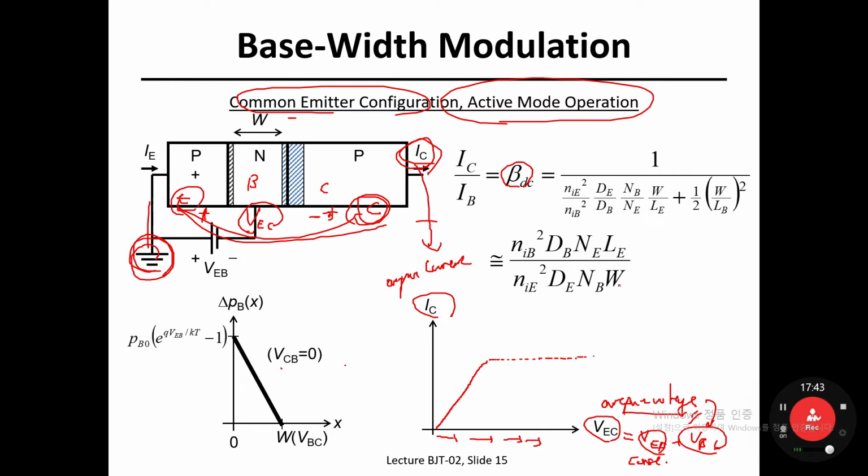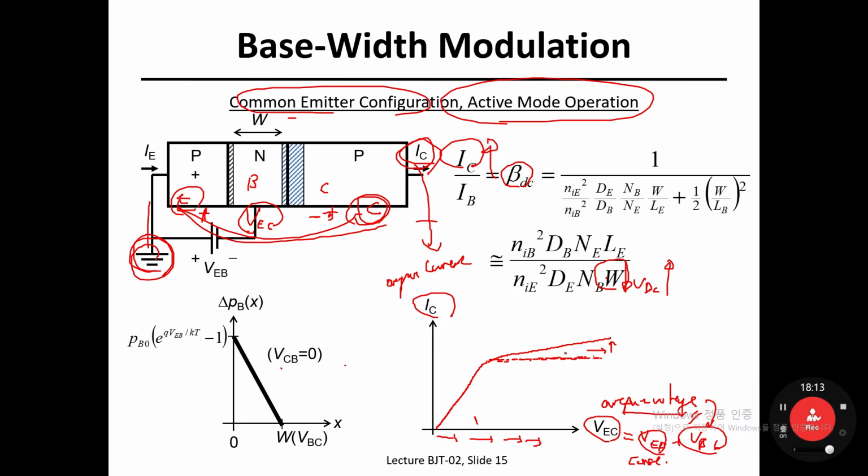However, previously I mentioned that as V sub BC increases, this W decreases so that your output current increases, which is bad news, and corresponds to the short channel effect in your MOSFET. Okay, so ideally your output current would look like this curve. However, in reality, your current would be slightly increasing as your output voltage increases.